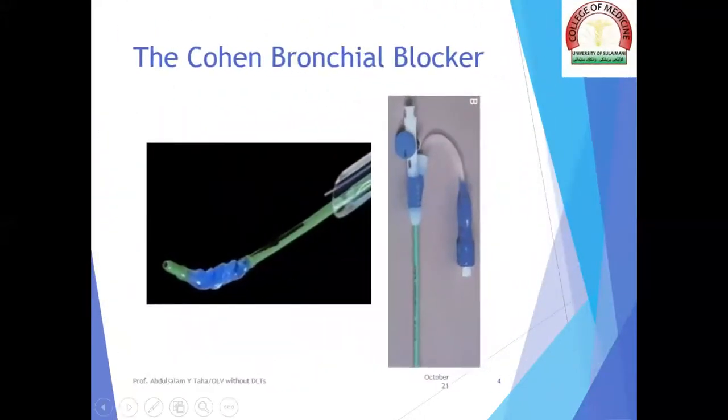The second type of bronchial blockers is the Cohen bronchial blocker. As you have seen in the video, it has an angle tip which can be deflected using the proximal wheel mechanism. It has a bronchial balloon which is designed to block the bronchus.